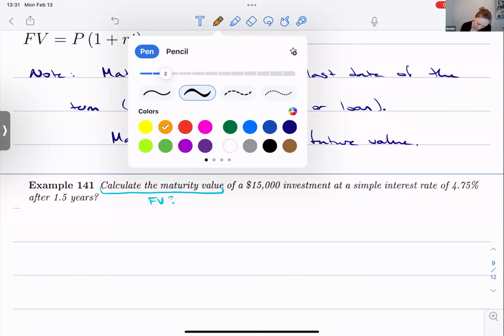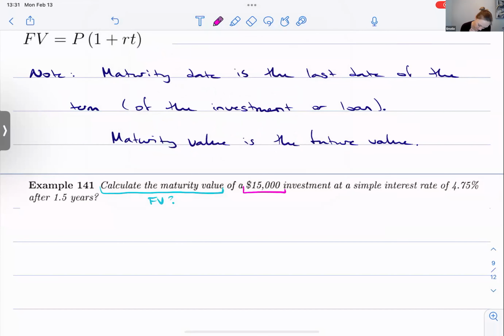The principal amount is 15,000, at a simple interest rate of 4.75% after 1.5 years. So the rate is 0.0475, and the time, here they're being nice, is already in years, so time is 1.5.